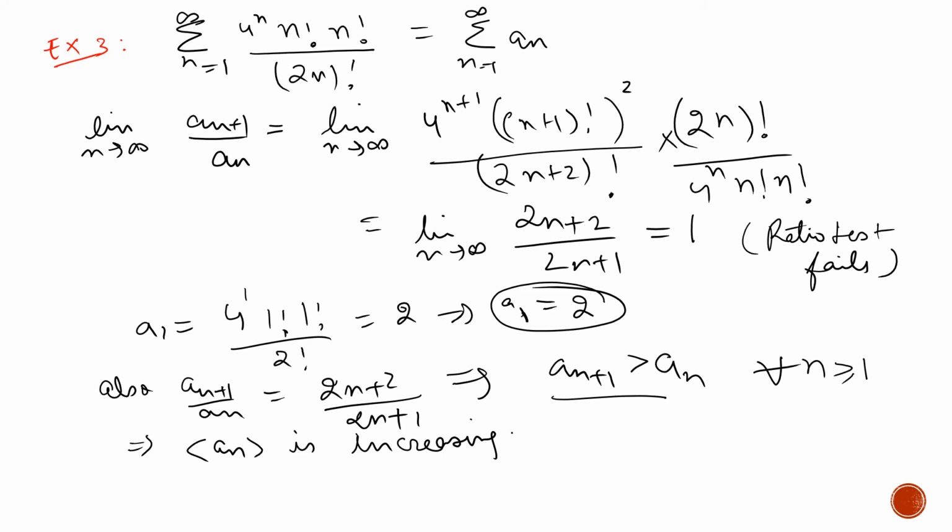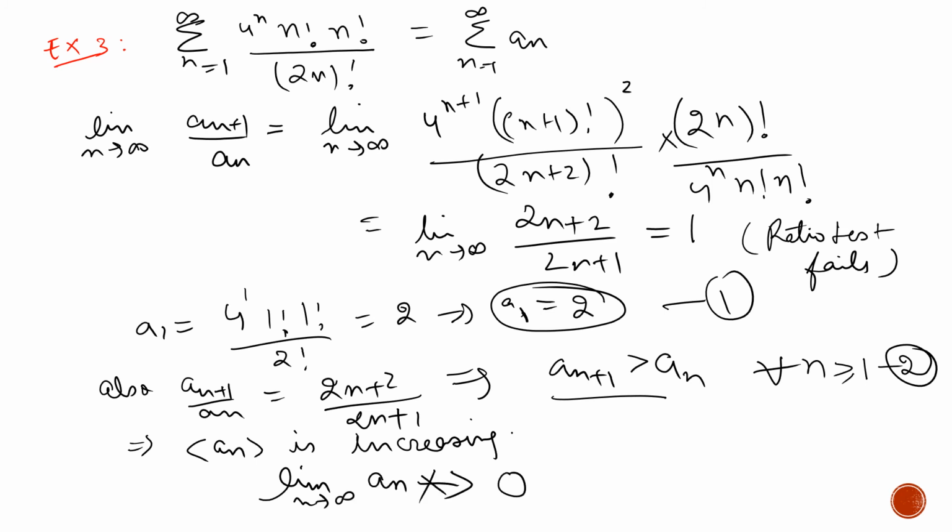Now if this sequence is increasing, like if I say 1 and 2, from this you can conclude that the limit as n tends to infinity of an will not go to 0, and therefore you will apply the nth term test for divergence. The series will diverge.